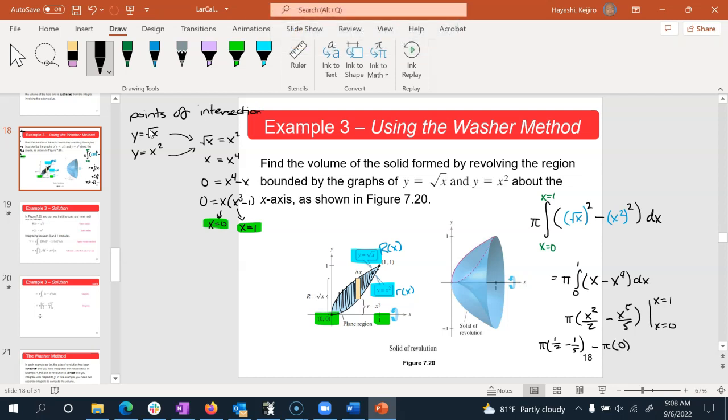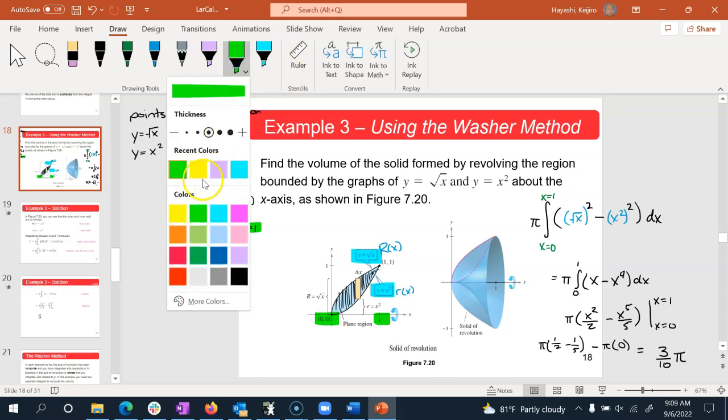It just turned out to be 0 when you plug in 0. But 1/2 minus 1/5, that's the same as 5/10 minus 2/10. So 3/10, 3/10 pi. That is the volume in cubic units of this shape.